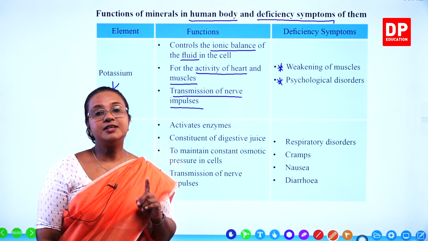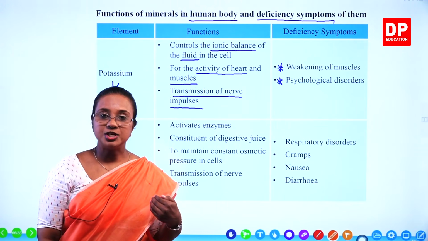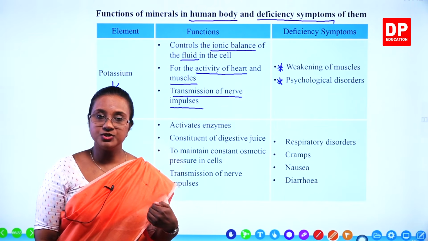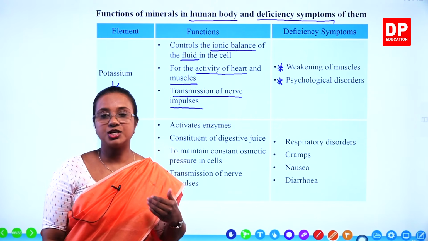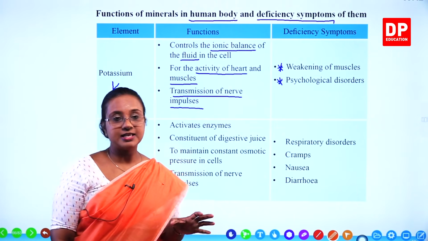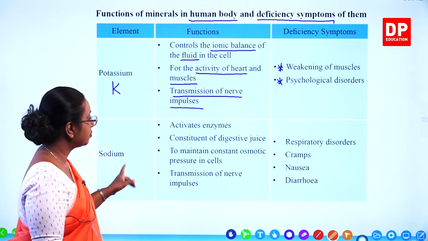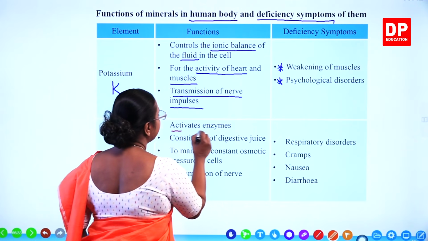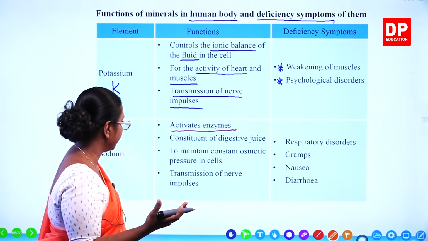To increase the rate of biochemical reactions. So, special types of proteins produced in the body to increase the rate of biochemical reactions are enzymes. And this activity of the enzyme is done by sodium. Sodium activates enzymes. So, then only they can function properly.